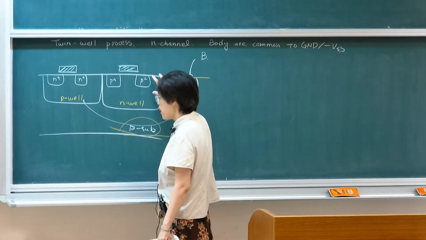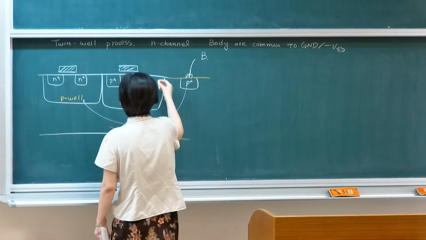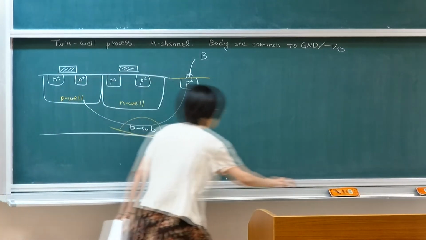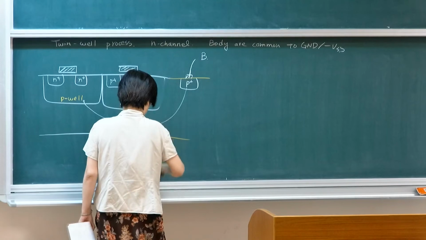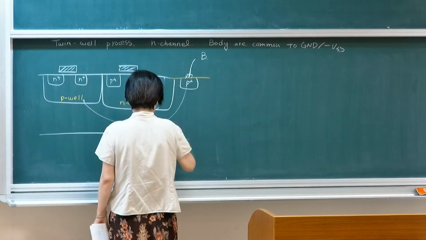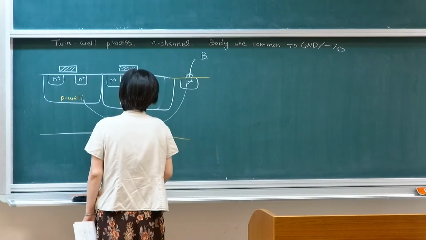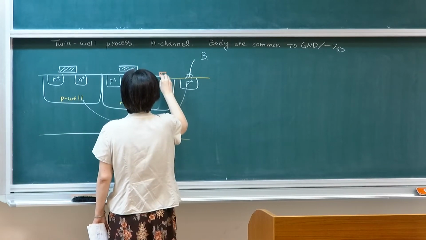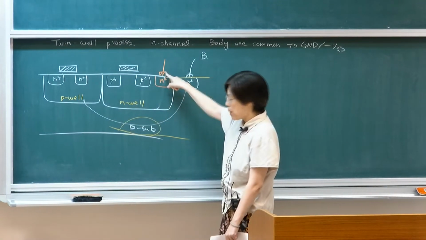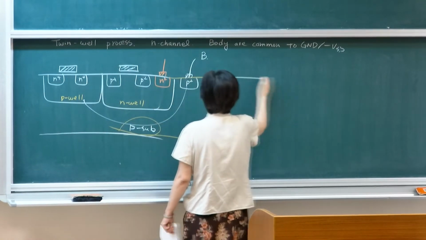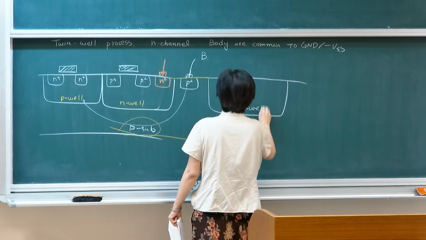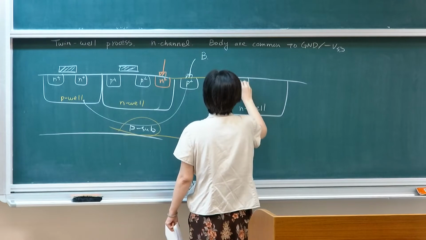But for PMOS, I can actually build wells if I need to. The main difference is that for PMOS, the contact is a substrate contact, a body contact. Even though I'm only having a twin well process, this is N+. So this can be made individually, meaning that if I'm making another PMOS here, I could create another N well, and P+, P+.